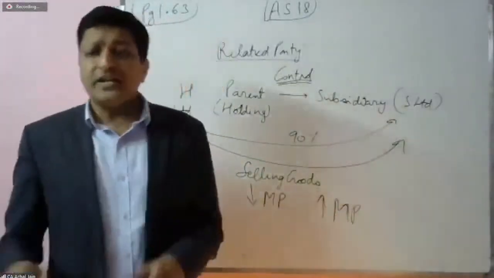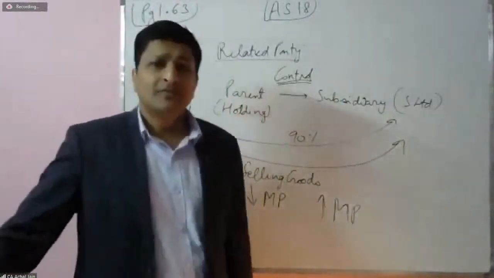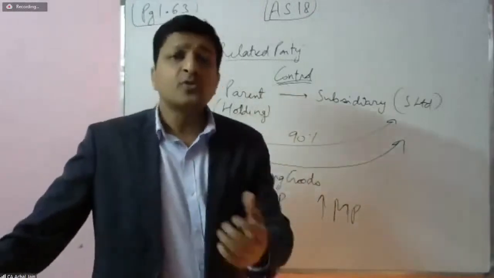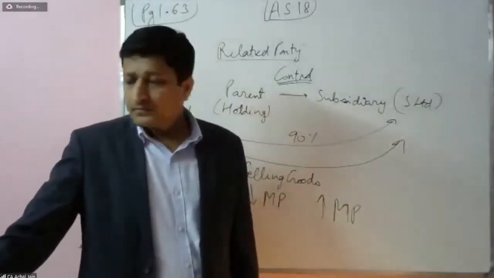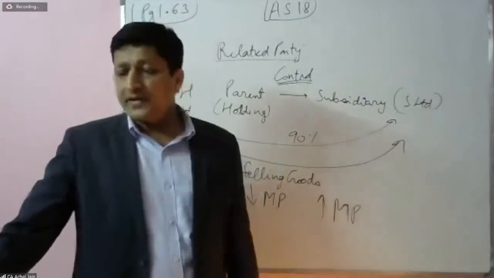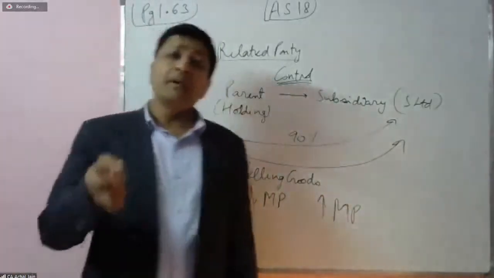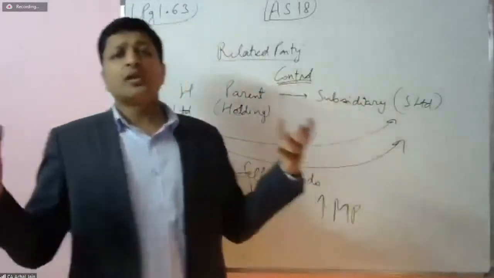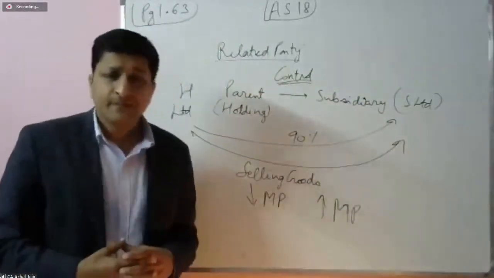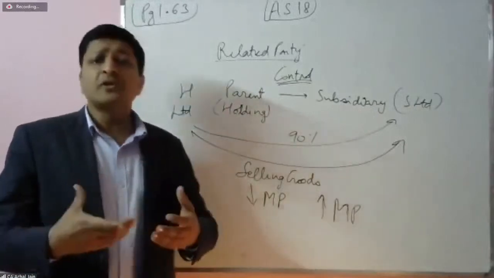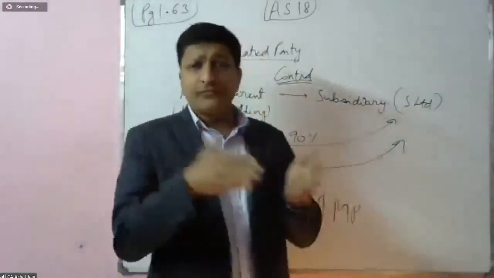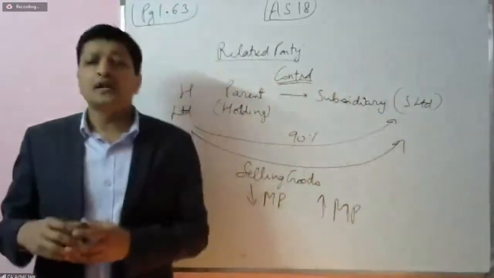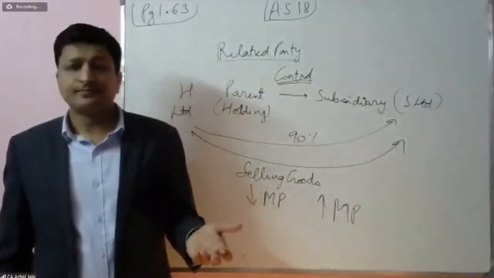The users of the financial statements would get to know what those related party transactions are in the financial statements of the company, what the nature of those related party transactions is, and what impact they may have on the complete set of financial statements, or what the proportion of the transactions with the related parties is as compared to the total transactions of the entity.